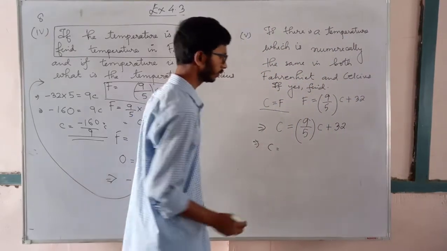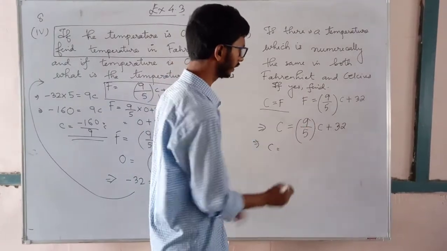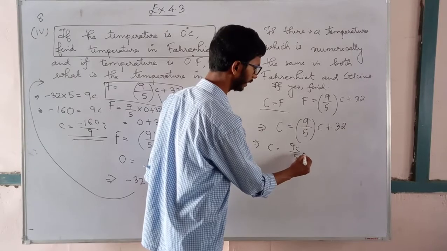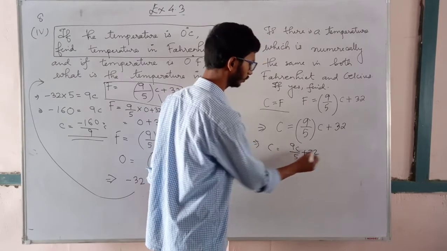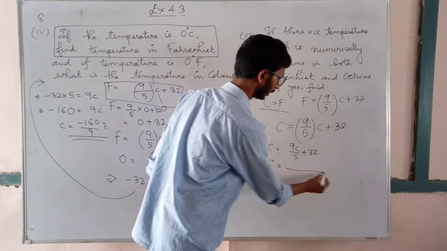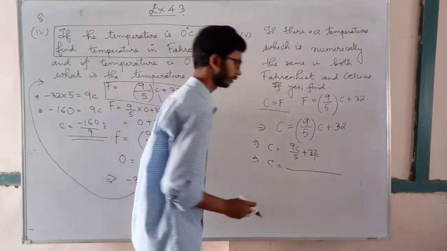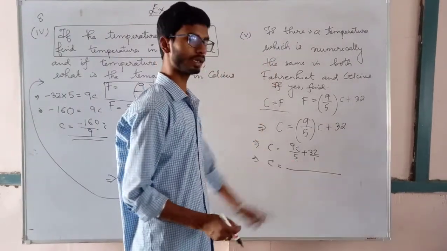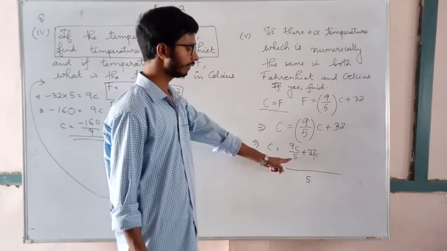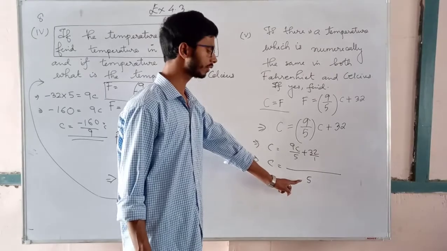C equal to, so 9 into C is 9C by 5 plus 32. So C equal to, let us take the LCM. 5 and 1, LCM will be 5.